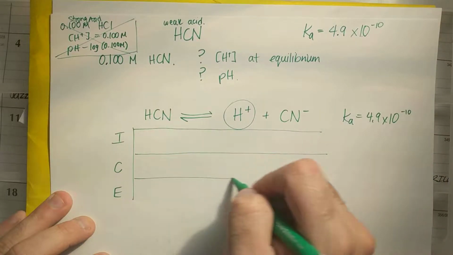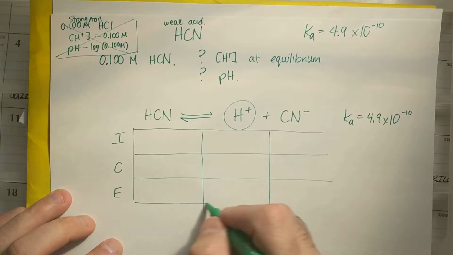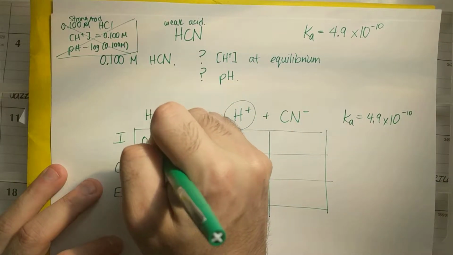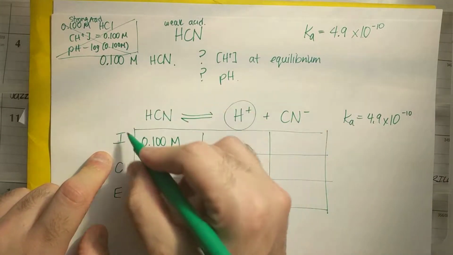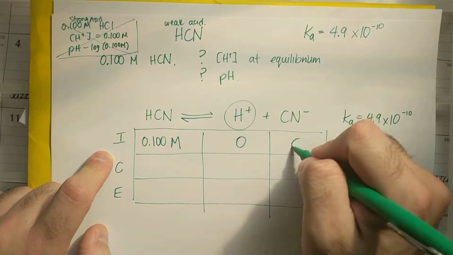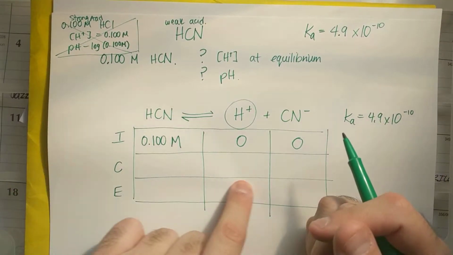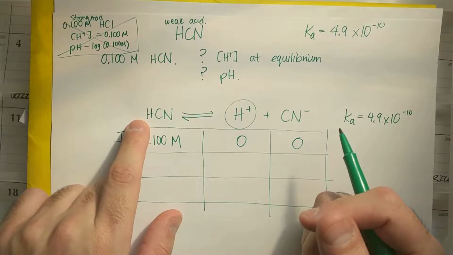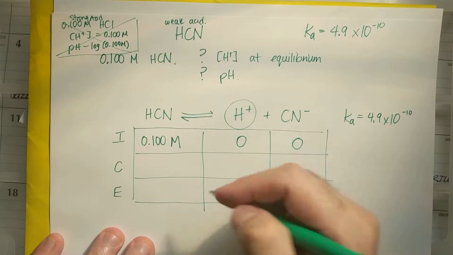Okay? So, if I'm constructing this lovely ICE table, I'm going to write down things that I know and things that I'm looking for. So, initially, I was given 0.1 molar of HCN. So, initially, I have all HCN, no H plus, no CN minus yet. This is before dissociation. Then during the change, mole-wise, for every 1 mole of HCN, I'm going to get 1 mole of H plus and 1 mole of CN minus.